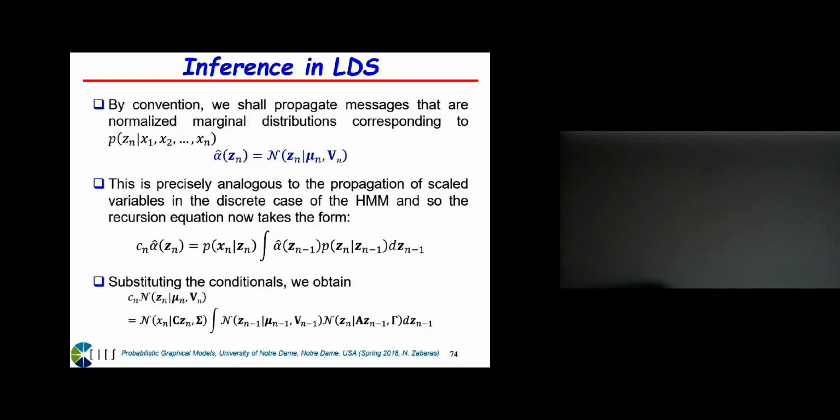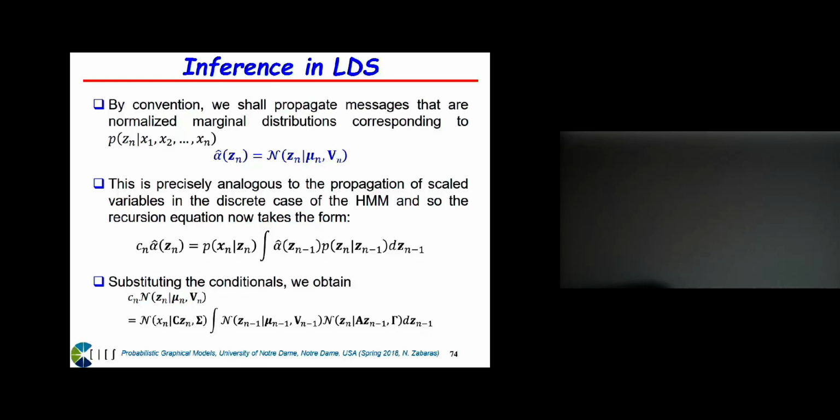The idea is that I start with the message for Zn minus 1, so I know mu n minus 1 and Vn minus 1. Then using the forward message passing equation, I should be able to update mu n minus 1 and Vn minus 1 to mu n and Vn.